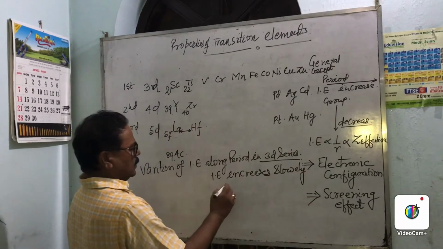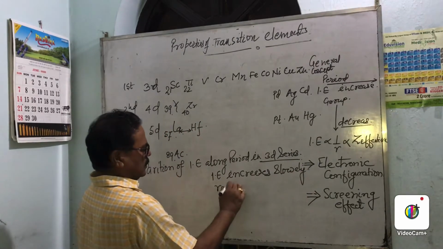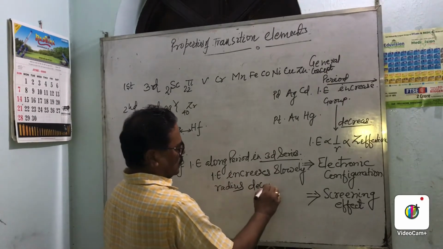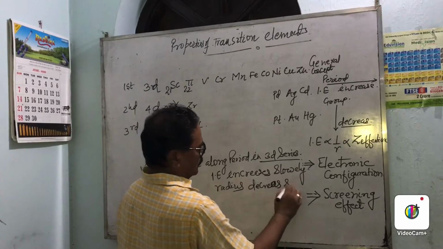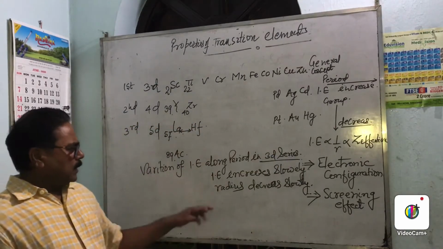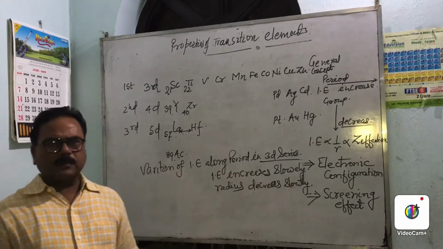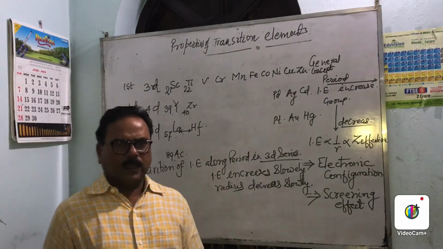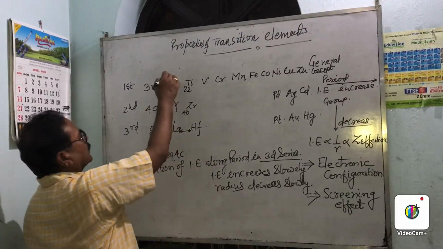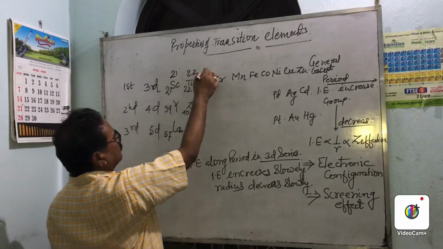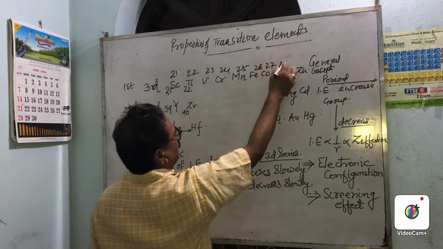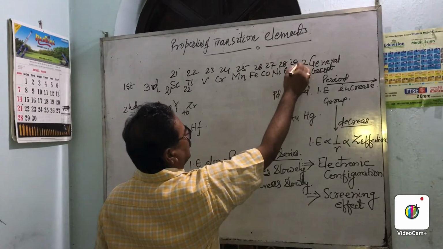The ionization energy increases slowly as the radius decreases slowly. And why does the radius decrease slowly? There are two counter effects. In the beginning, the screening effect is less, across atomic numbers 21, 22 up to 29 and 30.